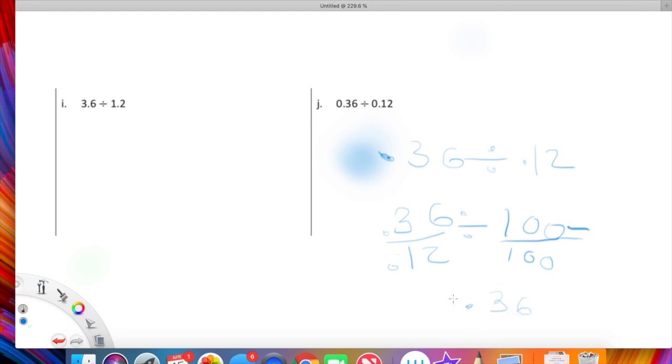Actually, no, it's not 0.36. It's just 36, which equals, I'm going to do it over here, 36 divided by 12 is 3, so our answer is 3, just like the other one.